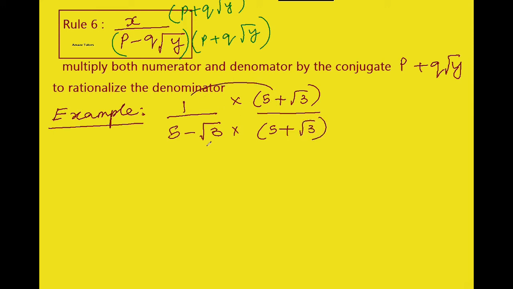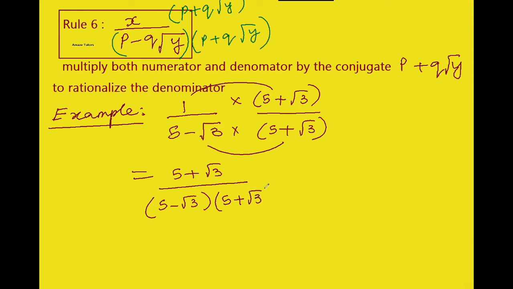Now multiply these two, which is simply 1 times this, the same answer, divided by (5 minus root 3)(5 plus root 3). Again it is in the form of (a plus b)(a minus b), and the answer is a squared minus b squared.